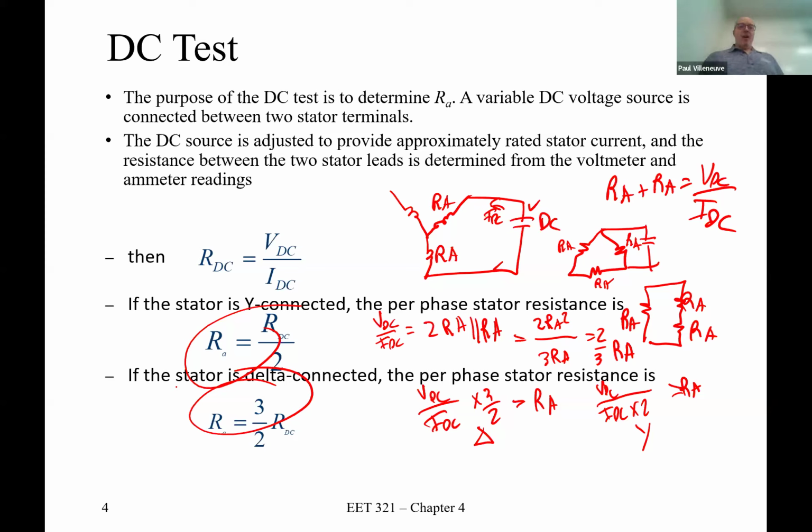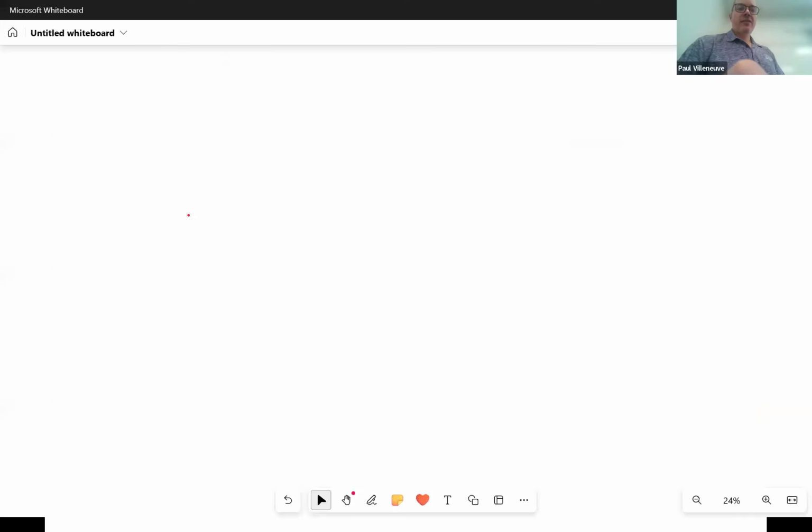All right. So I have part of my machine. I know RA. Do I know XS? No, I don't. But what I have is two curves. I have my open circuit characteristic, which is a plot of VT or EA versus IF. It's the same thing.